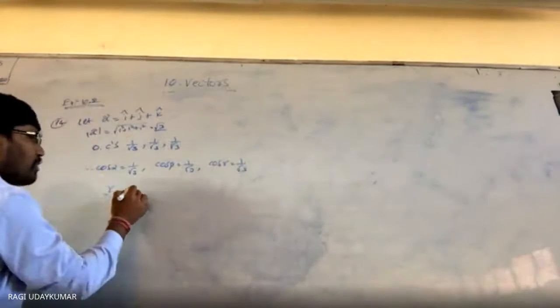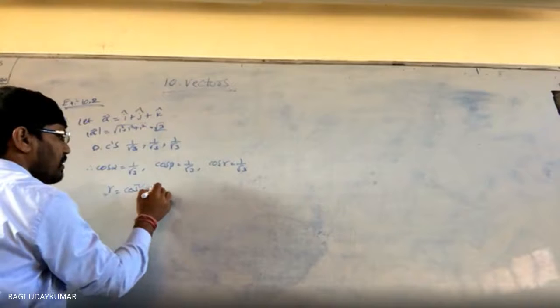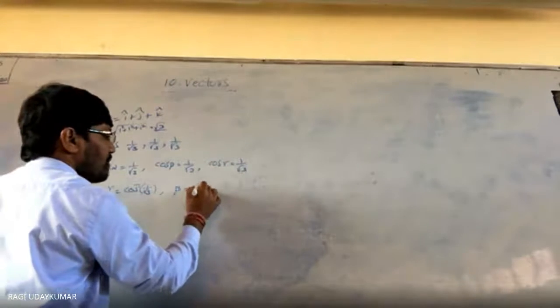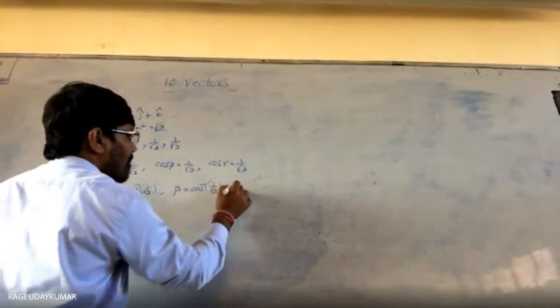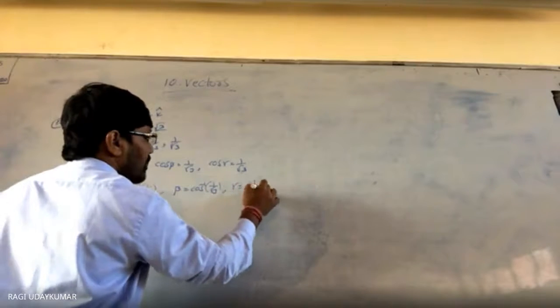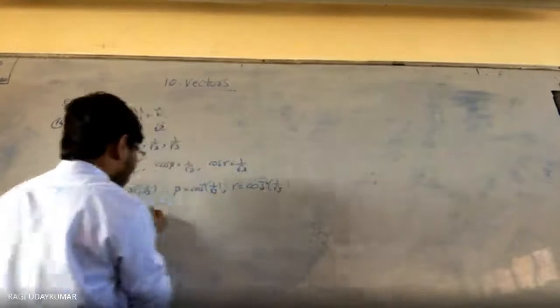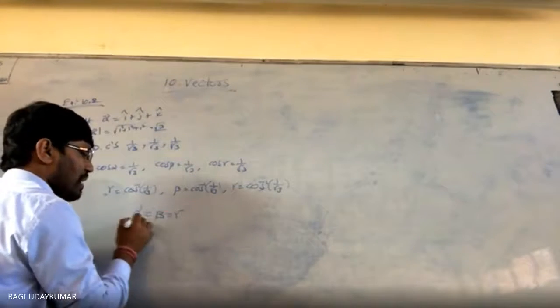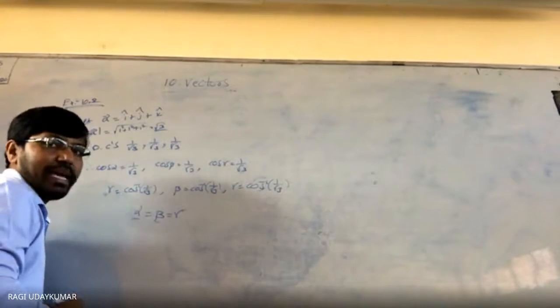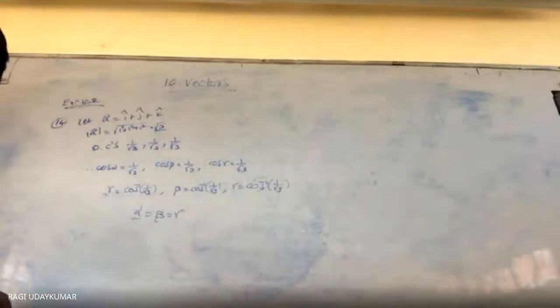Therefore alpha is cos inverse of 1 by root 3, beta is also cos inverse of 1 by root 3, and gamma is also cos inverse of 1 by root 3. So alpha is equals to beta is equals to gamma. Alpha is the angle made with the x-axis, beta is the angle made with the y-axis, gamma is the angle made with the z-axis.